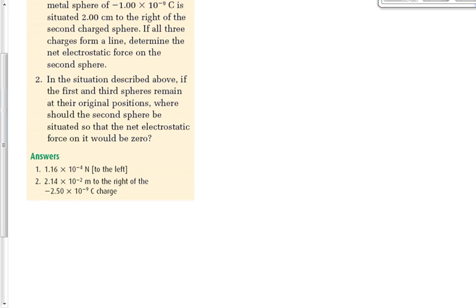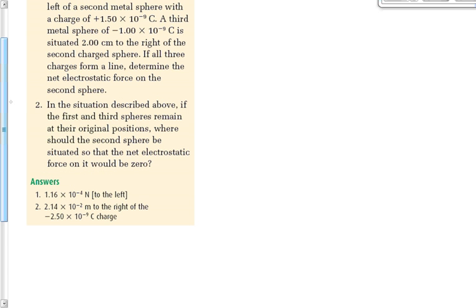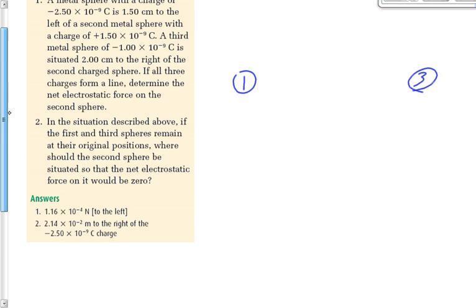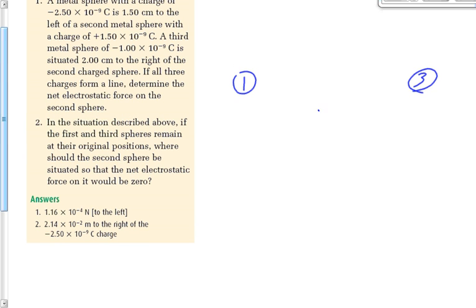This one says, in the situation described above, the first and third charges are in the original positions. So let's go here. First and third original positions. They're going to be 3.50 centimeters apart from each other, because that's what they were in the first question.